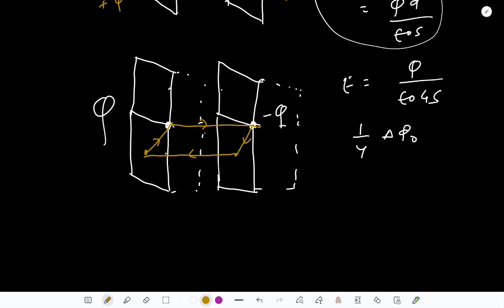You can write here, like we move from higher potential to lower potential, because the potential here is 1 by 4 times that of the potential at the center of the first capacitor.